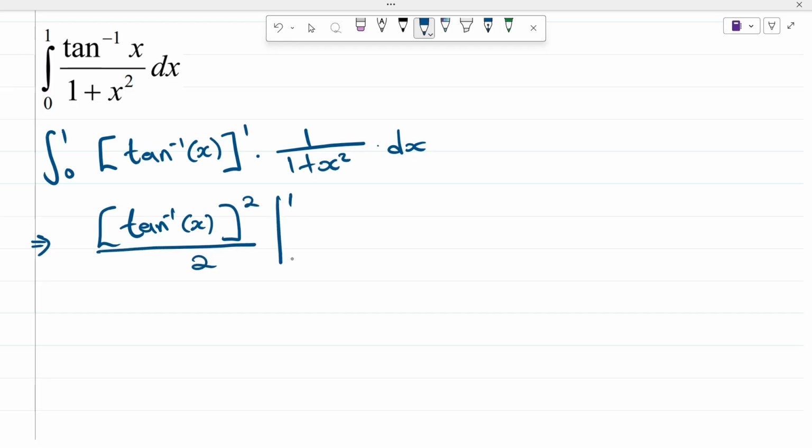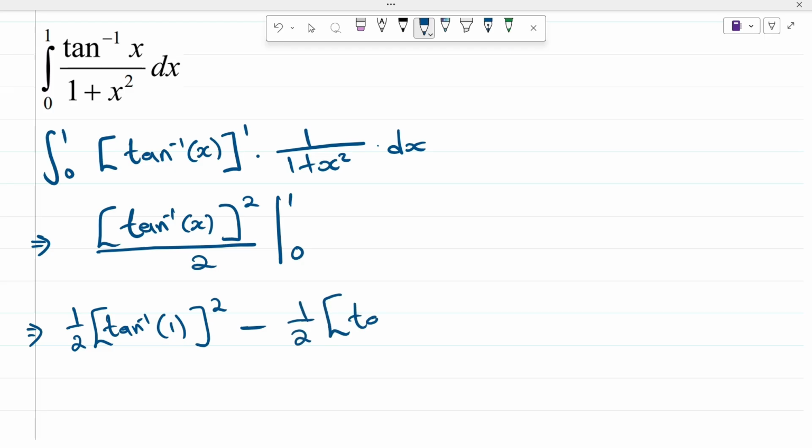I put my limits, 1 to 0. Then I substitute my limits there. This is going to be 1 over 2 multiplied by tan inverse of 1, I'm substituting my limit right now, then squared, minus 1 over 2, I substitute my limits again, tan inverse of 0 squared.